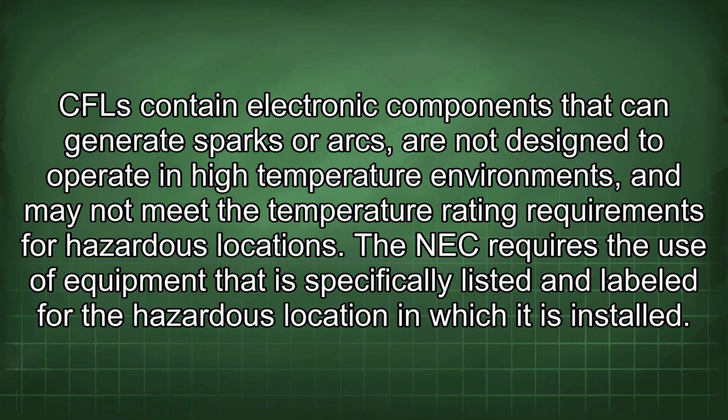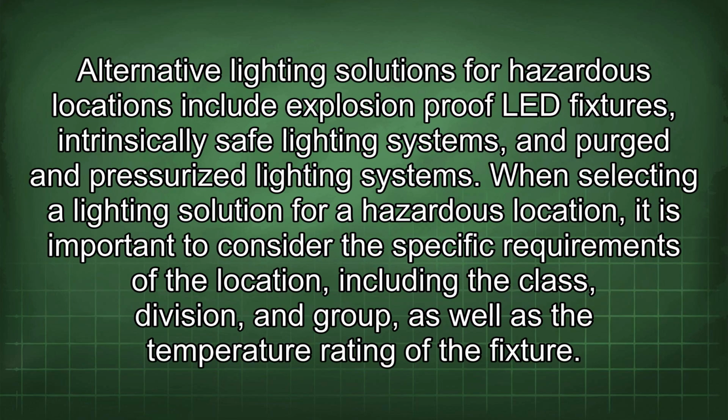The NEC requires the use of equipment that is specifically listed and labeled for the hazardous location in which it is installed. Alternative lighting solutions for hazardous locations include explosion-proof LED fixtures, intrinsically safe lighting systems, and purged and pressurized lighting systems.